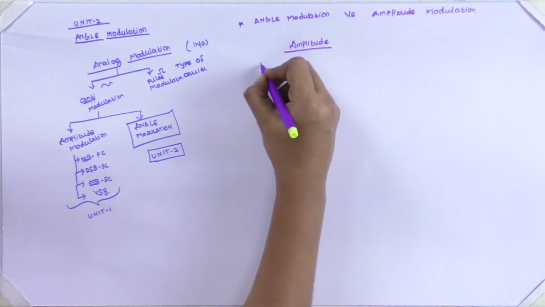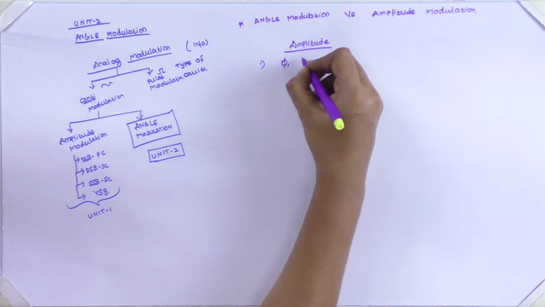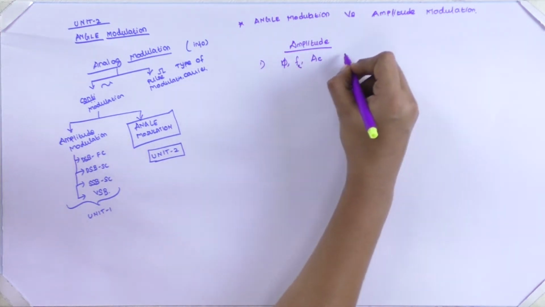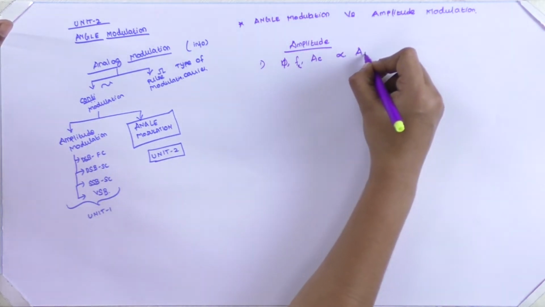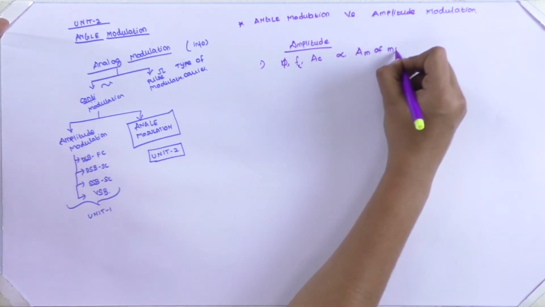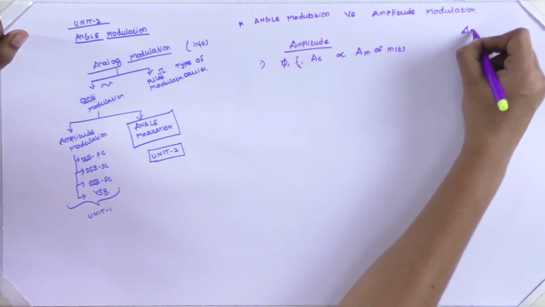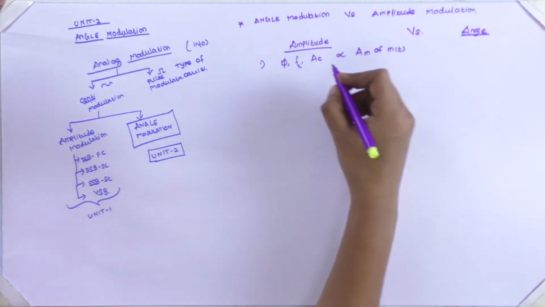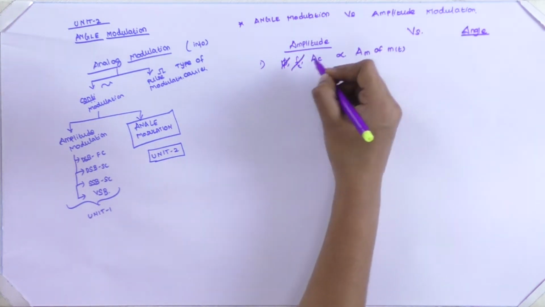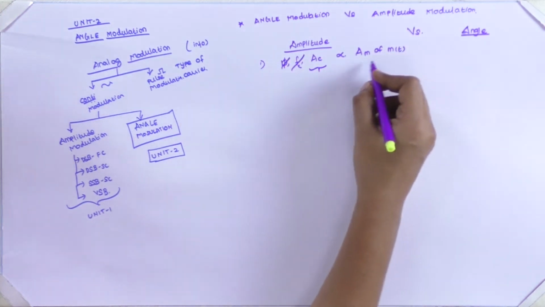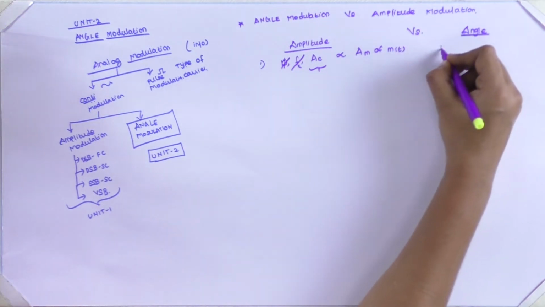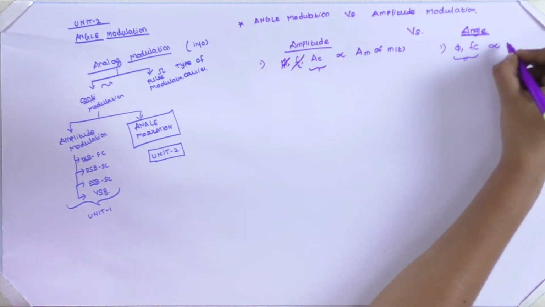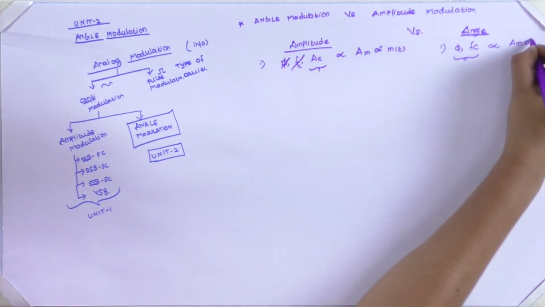In amplitude modulation, only the amplitude of the carrier is varied in accordance with the amplitude of the message signal. Here in angle modulation, phase and frequency are varied in accordance with the amplitude of the message signal.